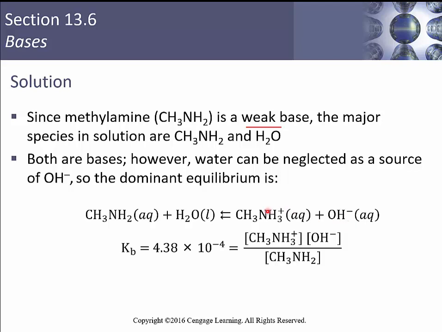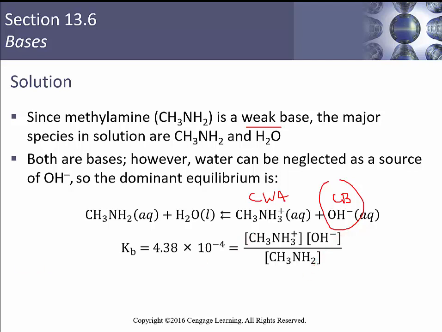This guy is a conjugate weak acid, and this guy over here, the conjugate base, is a strong base, though. So in the fight between a weak acid and a strong base, our strong base is going to dominate the pH. Our Kb expression is going to be 4.3 times 10 to the minus 4, and that's going to be our products over our reactants.